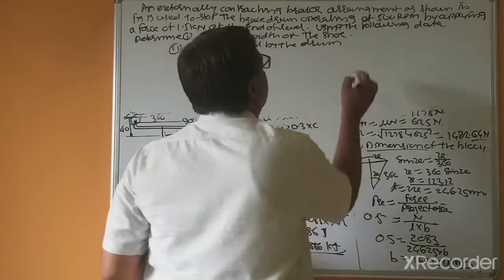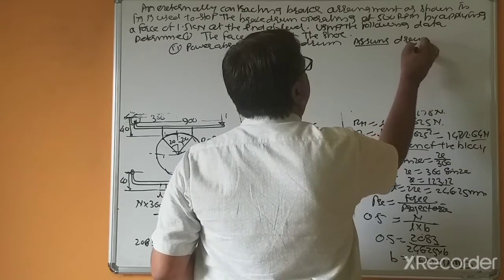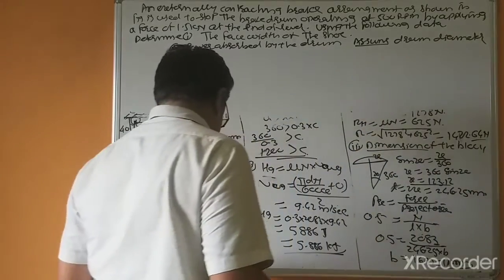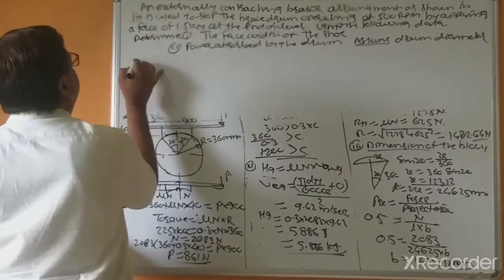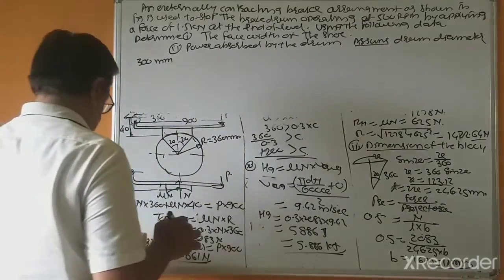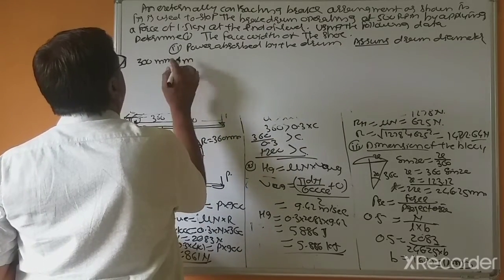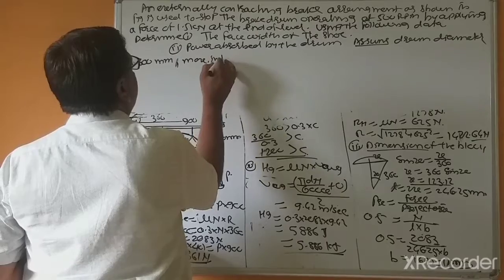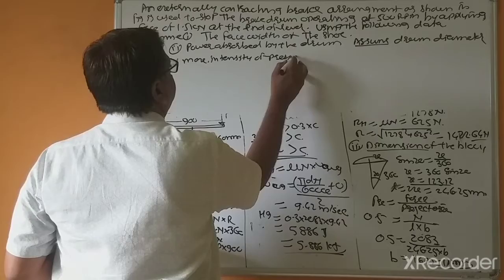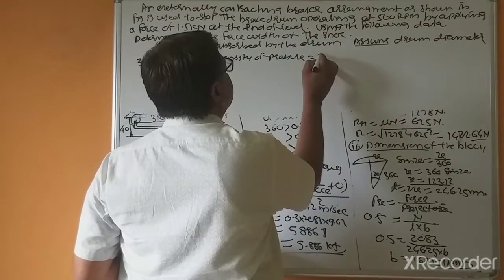Assume drum diameter 300 mm. Maximum intensity of pressure 100 kilopascal.